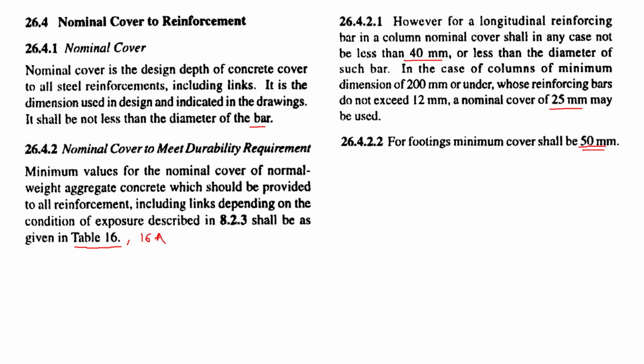Generally we take effective cover as 20 mm for slab, 40 mm for beams, 50 for columns and 60 for footing. This is given as clear cover.